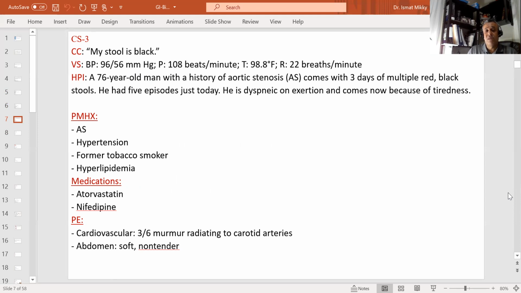So gastritis, or chronic gastritis, also called atrophic gastritis. We have two different types, type A and type B. Type A is fundal gastritis, type B is antral gastritis.